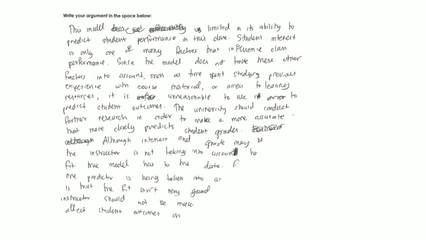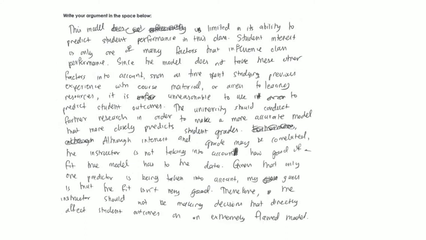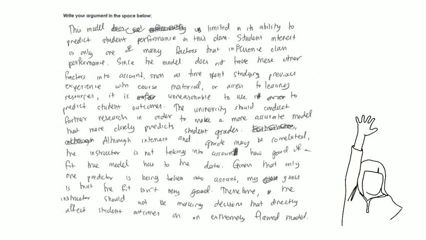Let's take a look at one of the letters from the personal condition. This model is limited in its ability to predict student performance in this class. Student interest is only one of many factors that influence class performance. Since the model does not take any of these other factors into account, such as time spent studying, previous experience with course material, or access to learning resources, it is unreasonable to use it to predict student outcomes.